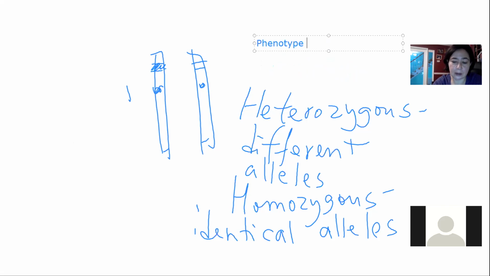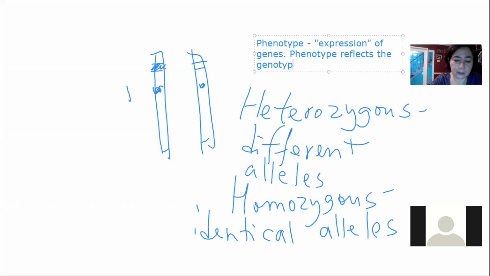Phenotype is the expression of genes. A gene can show up, or a gene might not show up. Whatever traits you see, that's the phenotype. And you can also say the phenotype reflects the genotype.